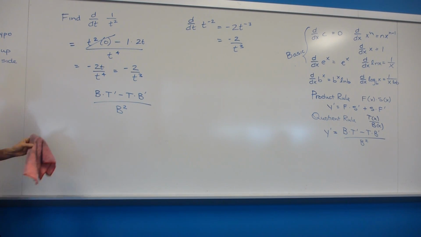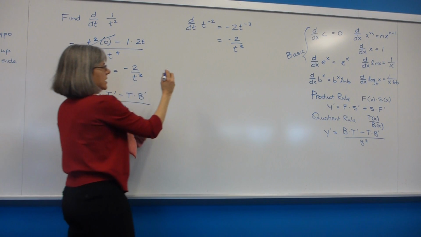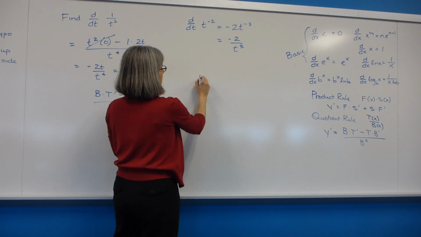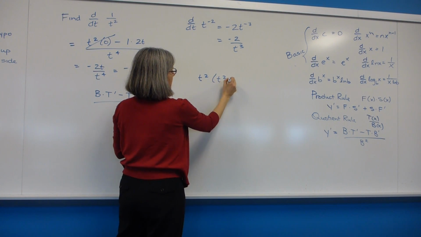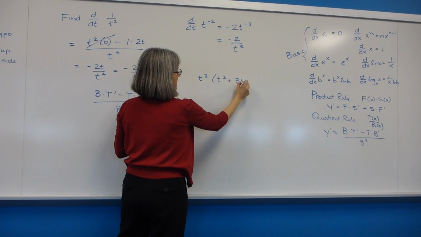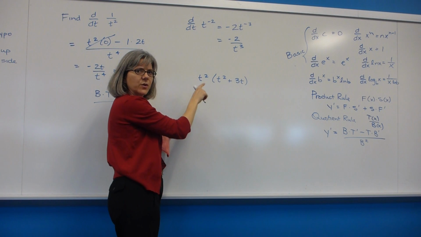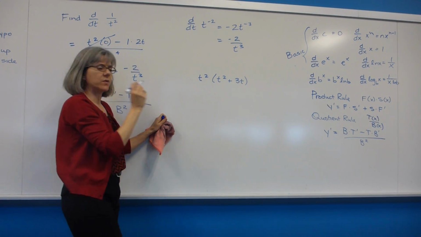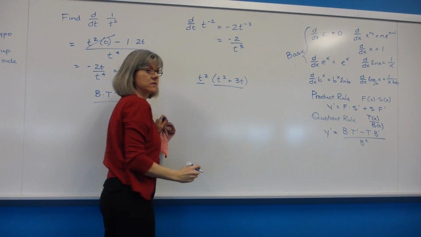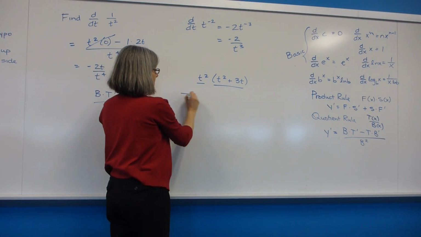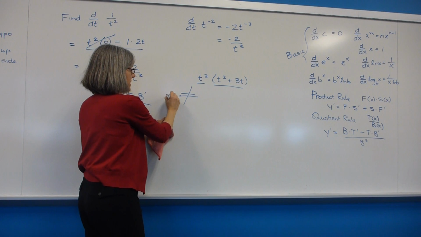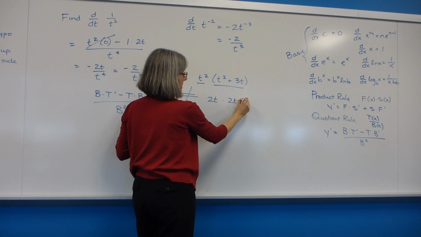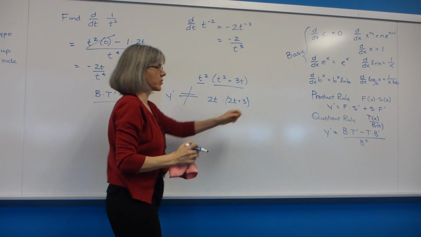And that's something people did on the test when faced with something like t squared times the quantity t squared plus 3t. What kind of a rule do we have to use here? Is this a basic? No, it's a function times a function, which means the derivative is most definitely not equal to the derivative of the first times the derivative of the second. Is that in our product rule?